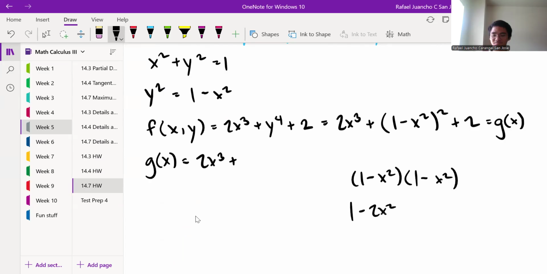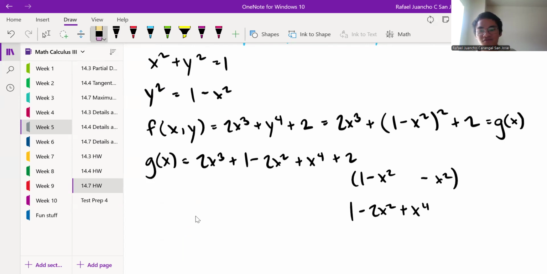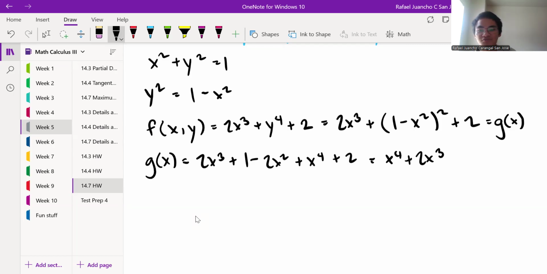Did I get that right? Yeah, minus 2x squared plus x to the fourth, right? So I'm going to say plus 1 minus 2x squared plus x to the fourth plus 2. And then I could simplify this even further by adding the two numbers. So I get x to the fourth plus 2x cubed minus 2x squared plus 3. Now I get something like that.